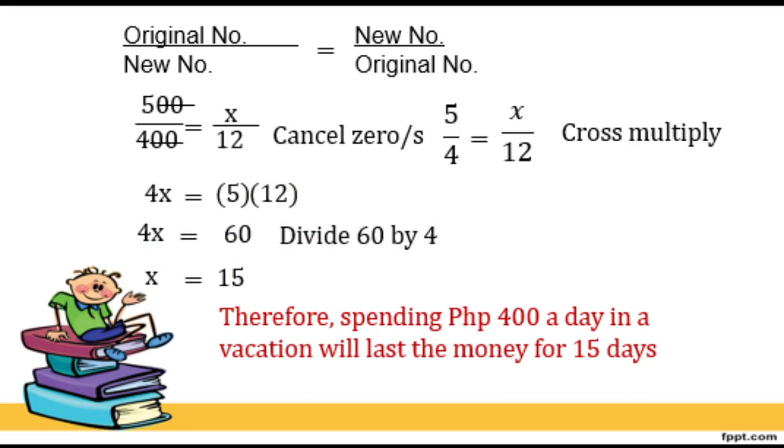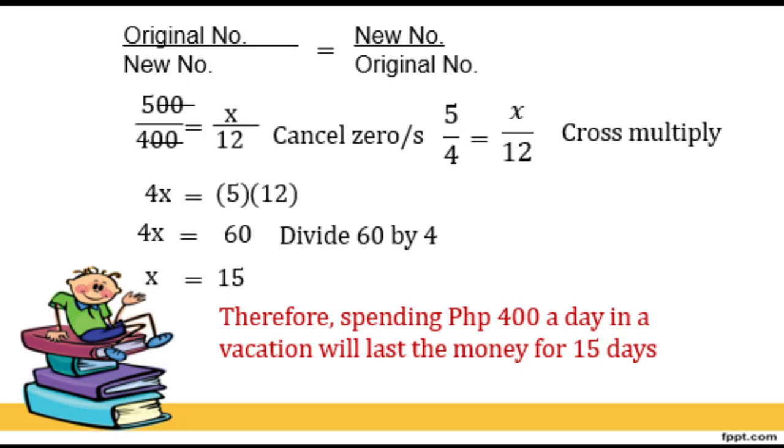So, therefore, spending 400 pesos a day in a vacation will make the money last for 15 days. Take note, 15 days will last if you just spend 400 pesos.